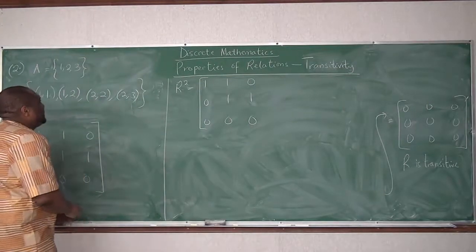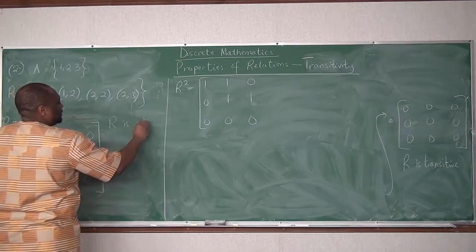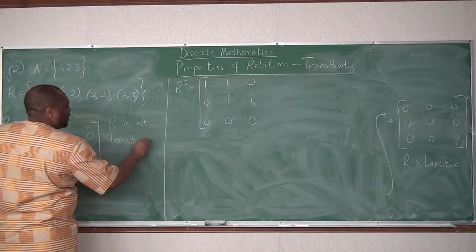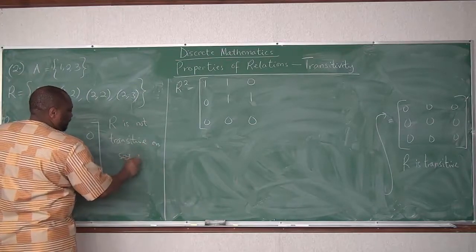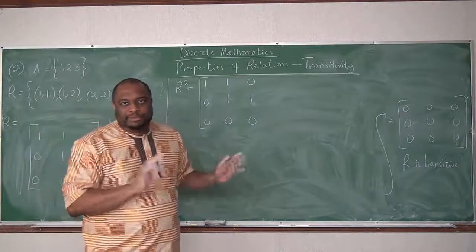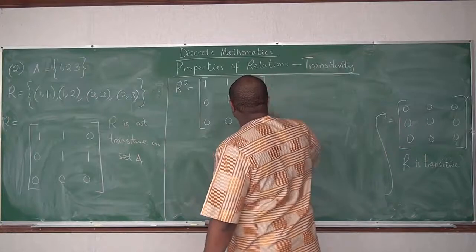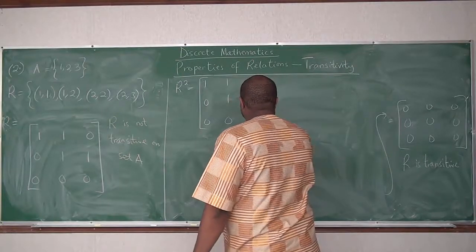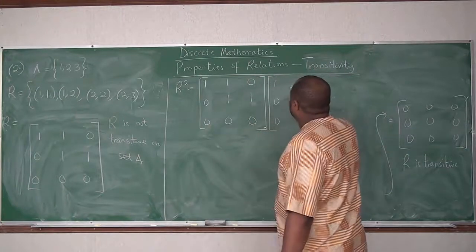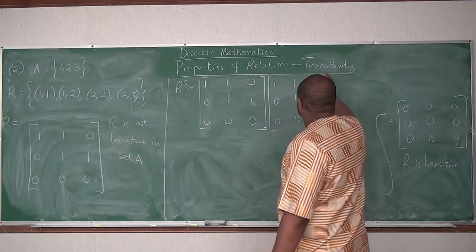Remember, we said that this relation is not transitive on set A. But we now want to do it by matrices. So we square this matrix, we multiply the two matrices: 1, 0, 0; 1, 1, 0; 0, 1, 0.